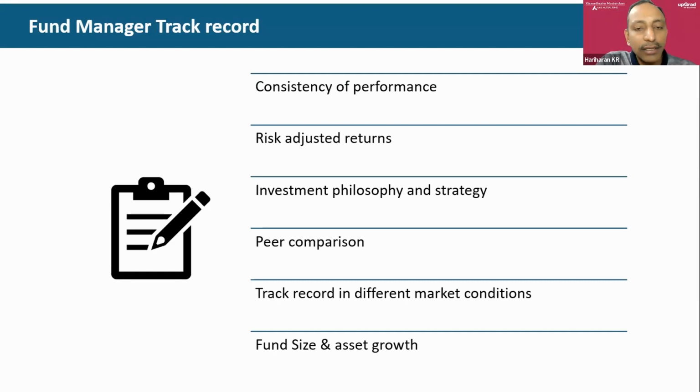Sixth element to look at, again, not very relevant, but just to talk about, is fund size and what is the rate of growth of the assets. So there could be a fund house, there could be a fund manager who's managing a 30,000 crore fund. And 30,000 is a big amount to be managed by a fund manager. And what is the growth in assets?